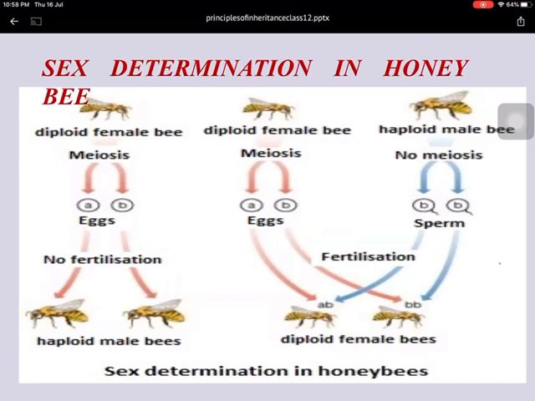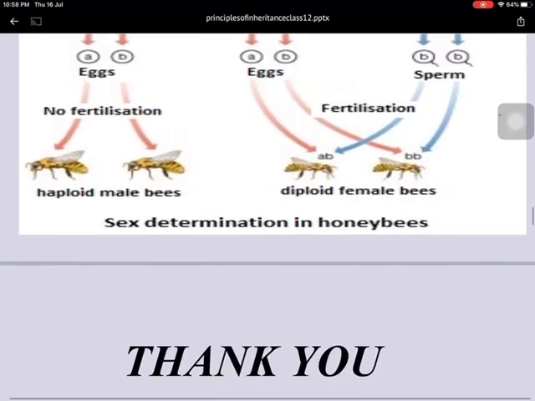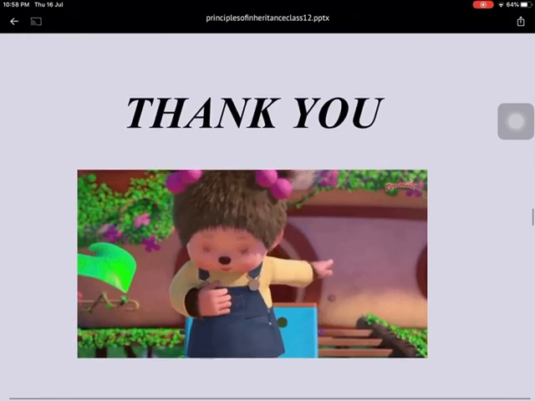Mitosis division takes place, and when the sperm fuses with the egg, then the female progeny will be developed. Such a system is known as the haplodiploid system. So a peculiar system is observed in the honeybee. Clear? So after that, thank you very much.